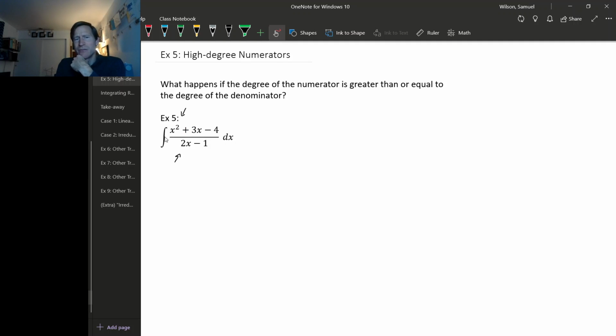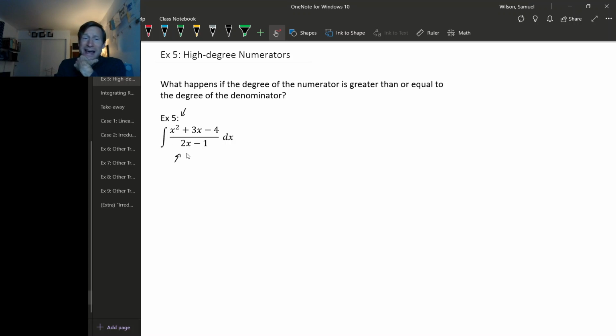This is sort of the rational function form of an improper fraction where the numerator is bigger than the denominator. And the tricks that we saw a minute ago really only work if the numerator has a degree smaller than the denominator. So we need to figure out some way of making that happen here.